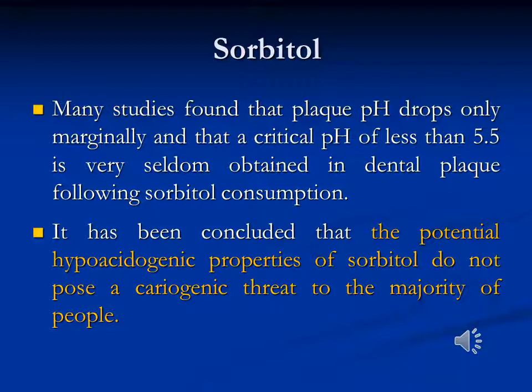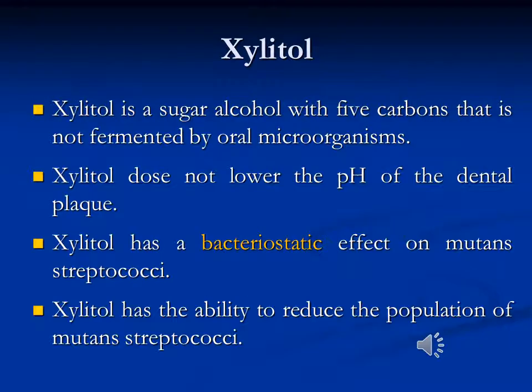So it has been concluded that the potential hypoacidogenic properties of sorbitol do not pose a cariogenic threat to the majority of people. Another example of bulk sweetener is xylitol.